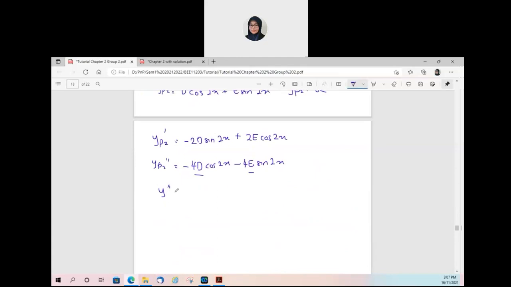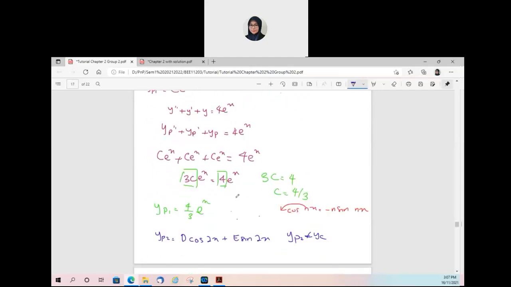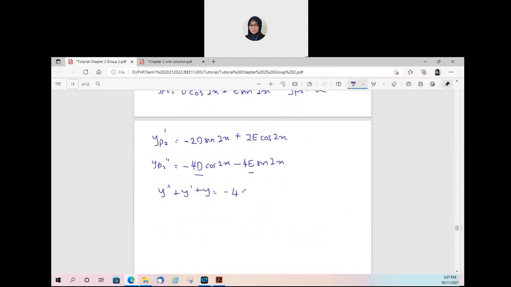So this one will be YP2 double prime plus YP2 prime plus YP2 equals to minus 4 cos 2x.